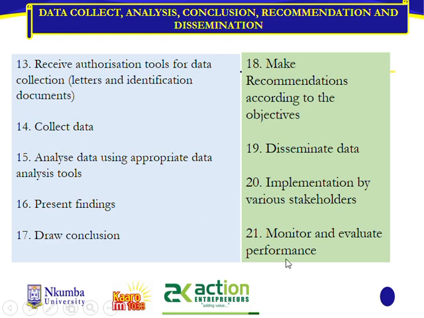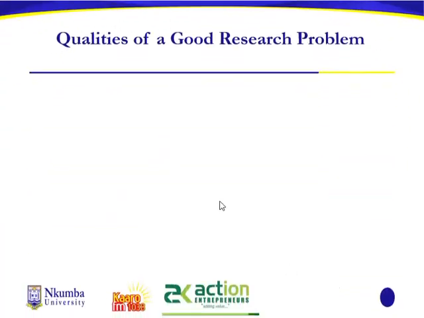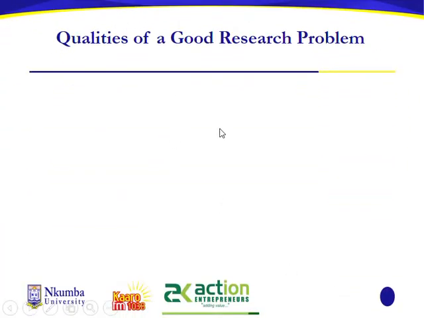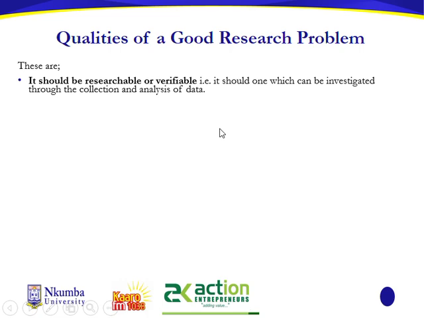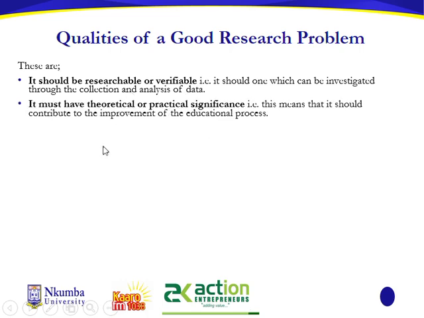So our last part here is we are looking at the quality of research, or a research problem. If you are to come up with a research problem, then it should be having these characteristics.